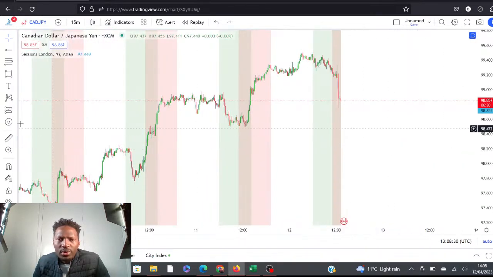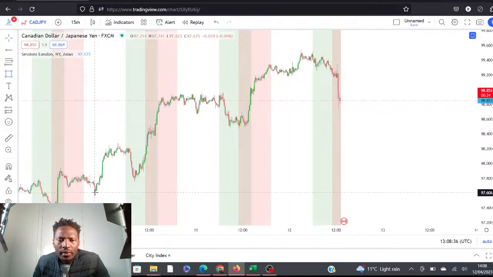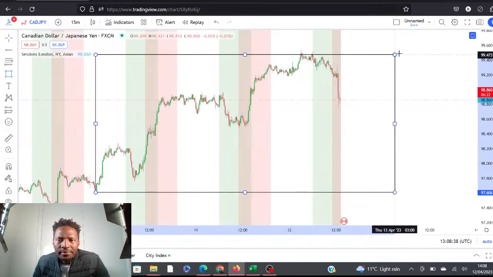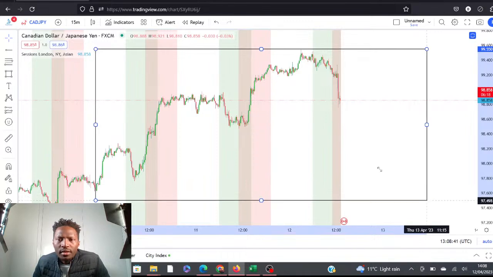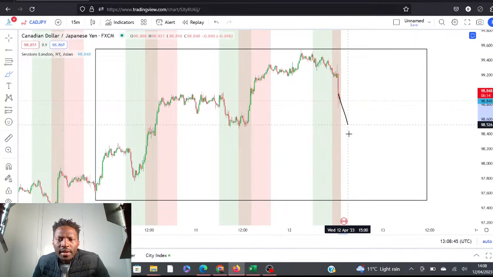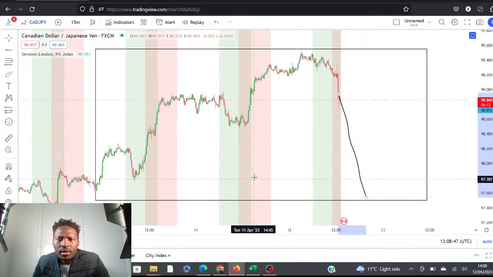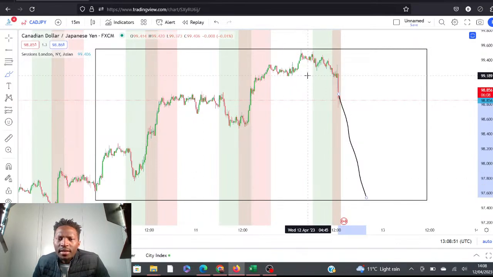Oh, so we do have an extended runner on the Canada yen. Looks like the market has already turned. I will not be surprised if this market comes all the way back down to the opening price for this week, because we do have an extended runner.